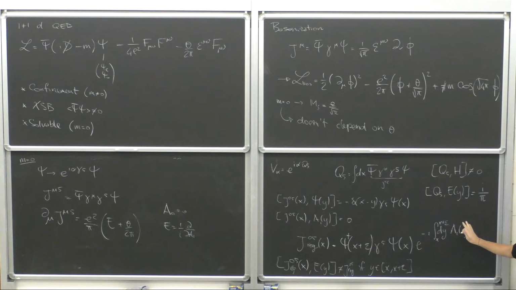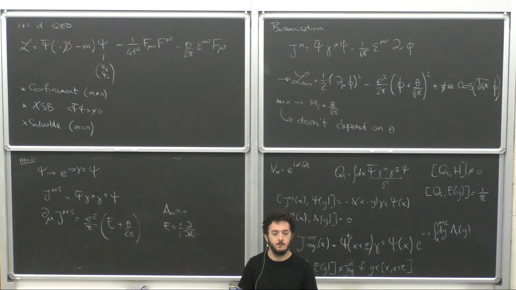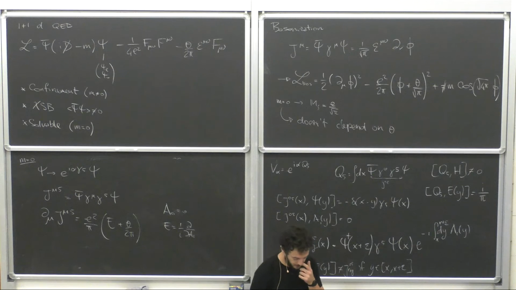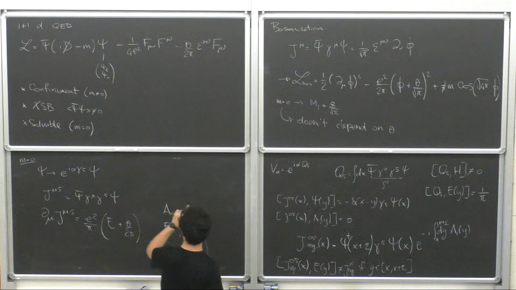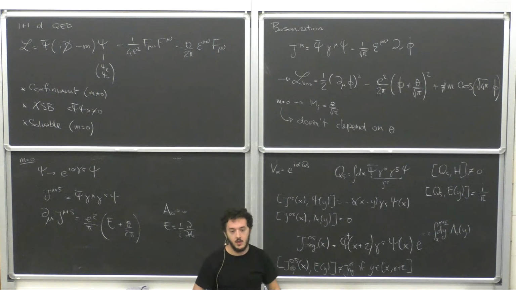Any question? What happens if you use the correlation with the vector current instead? Why is that current conserved? Well, suppose you regularize the vector current in the same way.